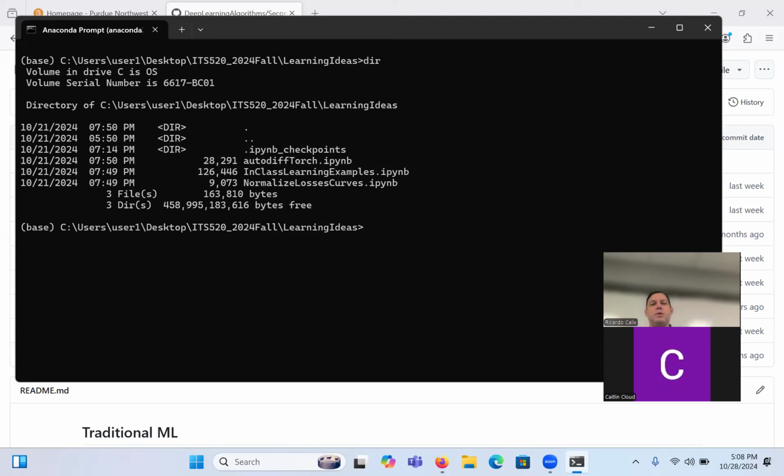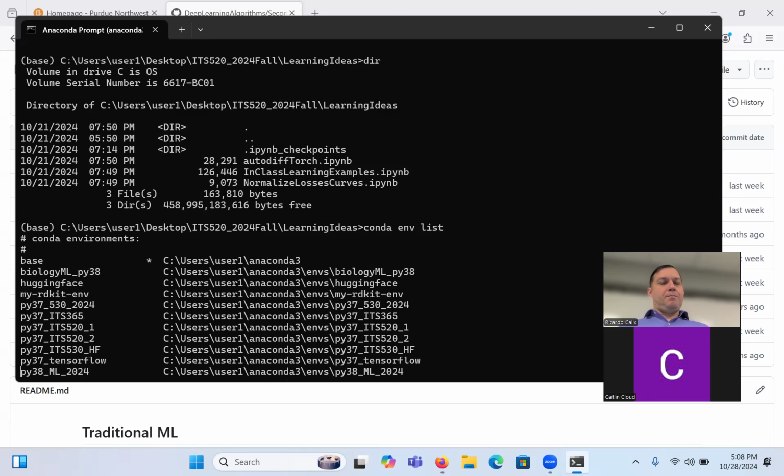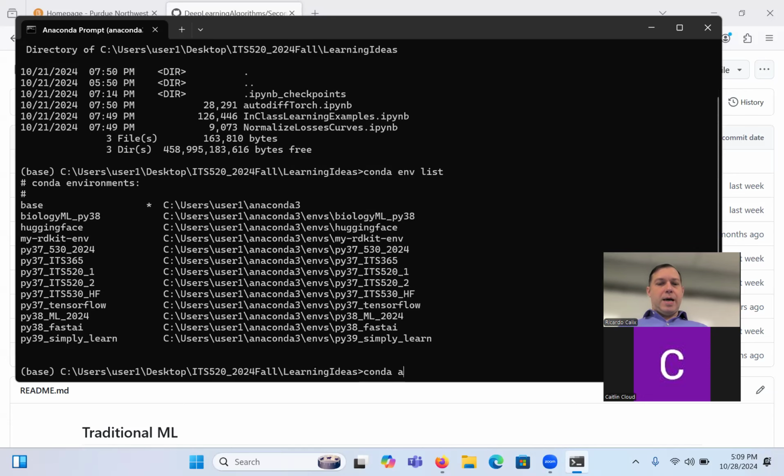Right, so we were doing normalized losses, in-class learning examples, autodiff torch. So maybe autodiff. Do you guys remember if it was autodiff? Right, so conda environment list. I just want to pick up where I left off. Conda activate.